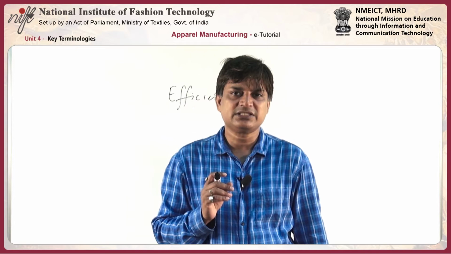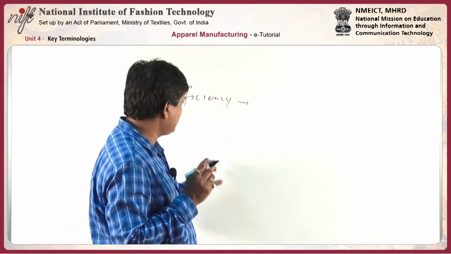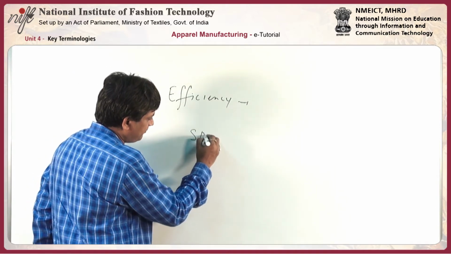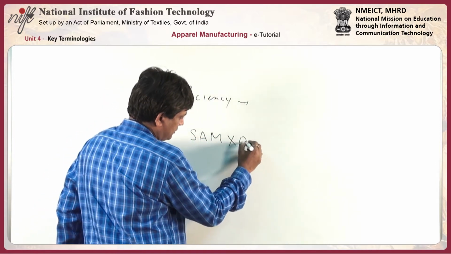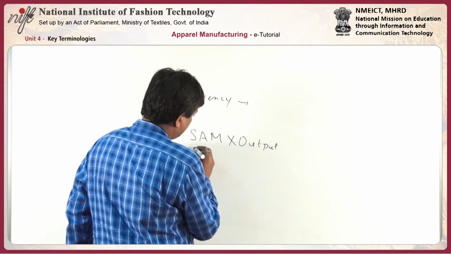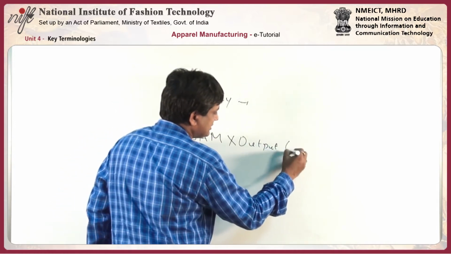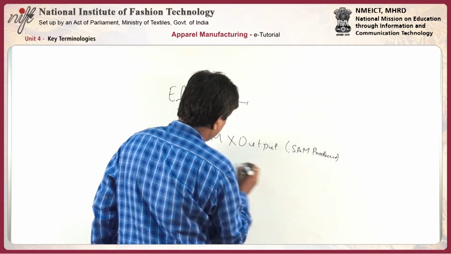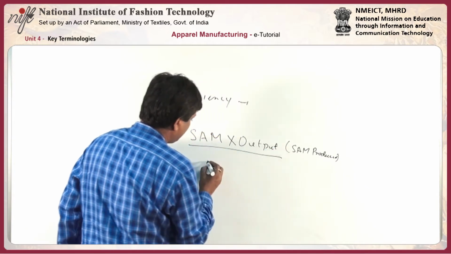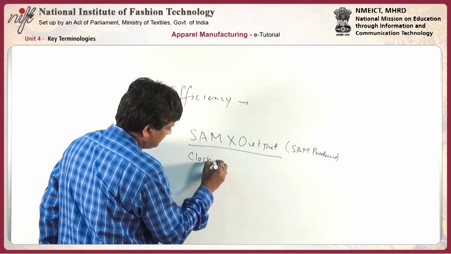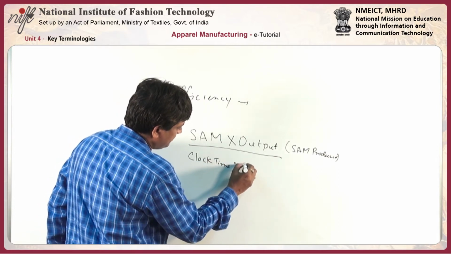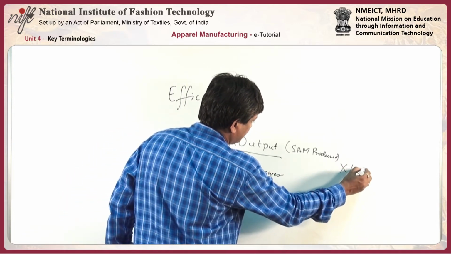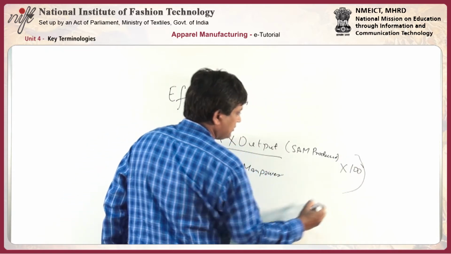How to find out the efficiency is very important. The formula for efficiency is SAM into output, which is also known as SAM produced, divided by clock time into manpower, and the whole multiplied by 100.